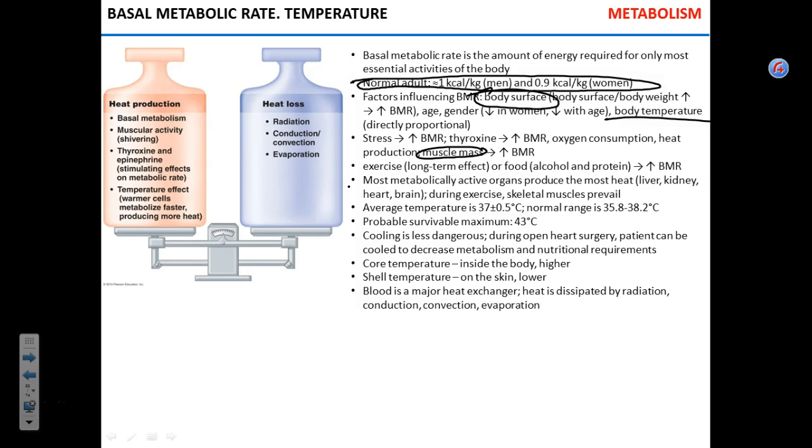Other than that, kidneys. When we think about it, what happens in the kidneys? Filtration, that's the first step, and then reabsorption. There's a lot of active transport involved, which means a lot of ATP is used.